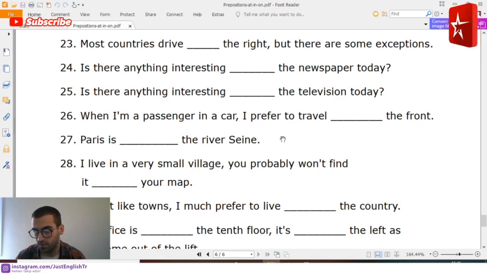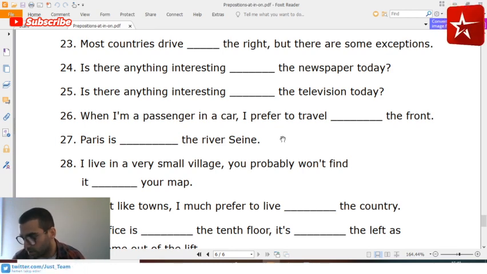Okay, the front. I'm waiting for your comments. For 26, a little bit difficult than the other ones. Yes, on is the correct answer. 26, I prefer to travel on the front. Yani önde. Okay, on, not at. On is a correct answer for 26.